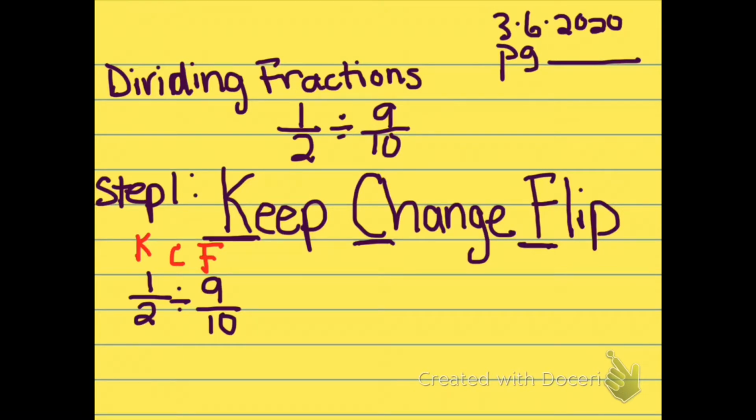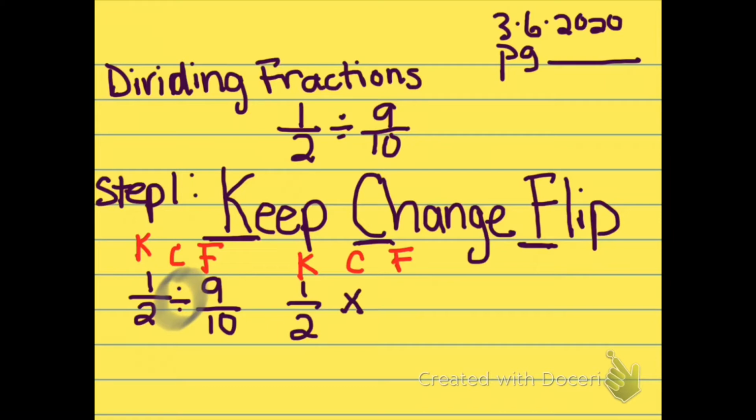So if we practice keep, change, flip on our problem, that means that 1/2 stays the same. Change. So let's talk about change real quick. When we say change right here, 7th graders, it means that I change the division sign to a multiplication sign.